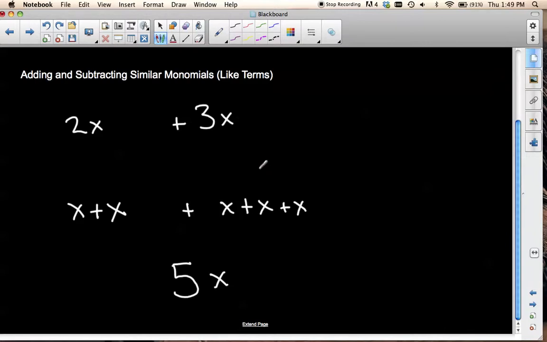Now the thing that I want you guys to remember is when we're adding and subtracting monomials, they have to have the same variable. So one rule is, when we're adding, they need the same variable. It's very important.